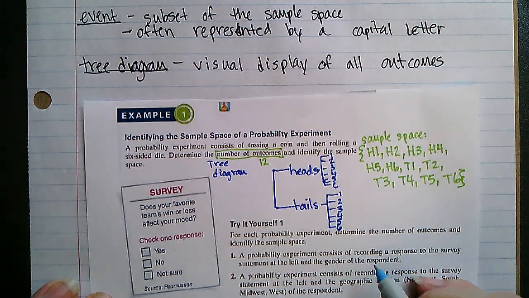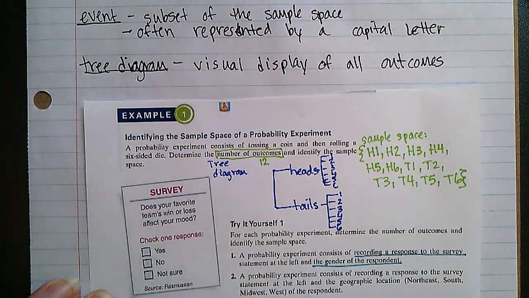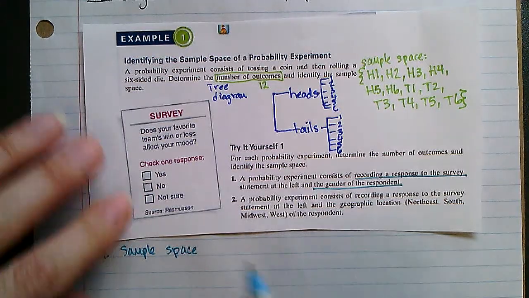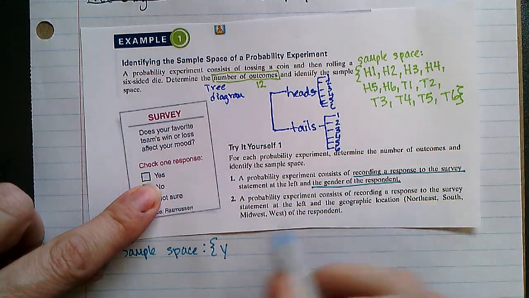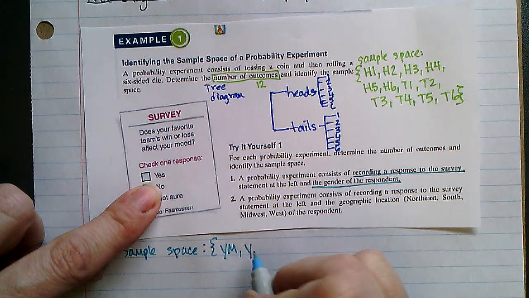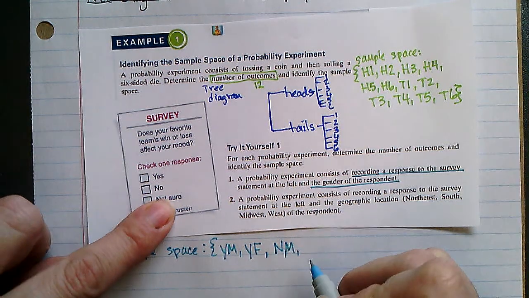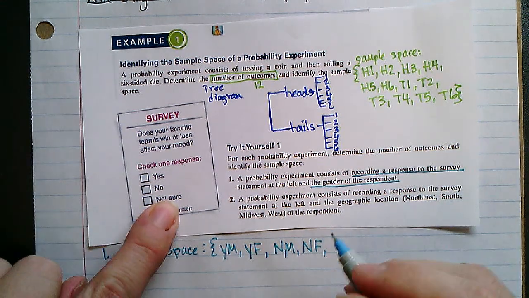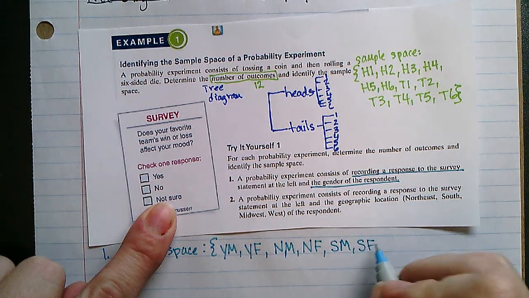So our sample space for number 1 is that the person could say yes and then be male, or yes and then be female, or no and then be male, or no and then be female, or, I'm going to use S for not sure, not sure and be male, or not sure and be female.